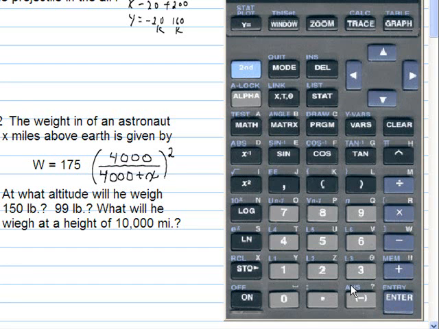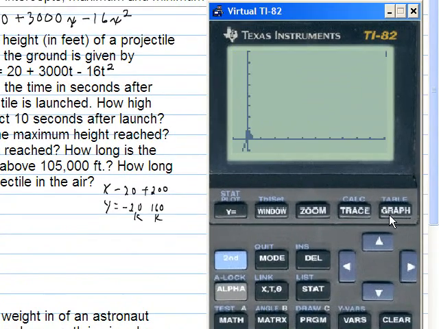About every 20,000. Again, that's going to put 8 or 9 marks on the graph, so I'll mark it every 20,000 feet of altitude. And now we're ready to graph it, so I hit graph.